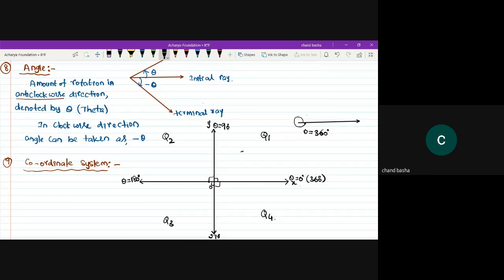So 0 is less than or equal to theta less than 90 degrees, 90 is less than or equal to theta less than 180, 180 is less than or equal to theta less than 270, and 270 is less than or equal to theta less than or equal to 360 degrees. First the coordinate system, quadrants, and then the angle, and each quadrant is 90 degrees.